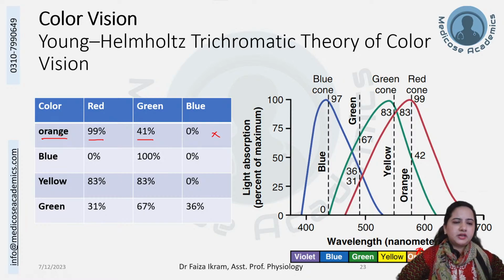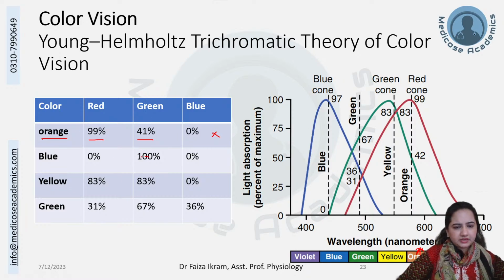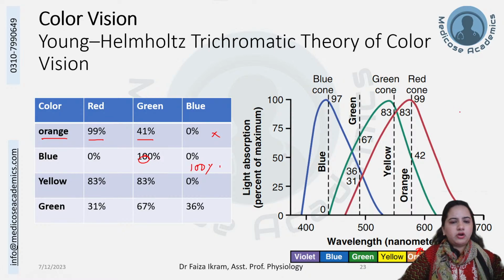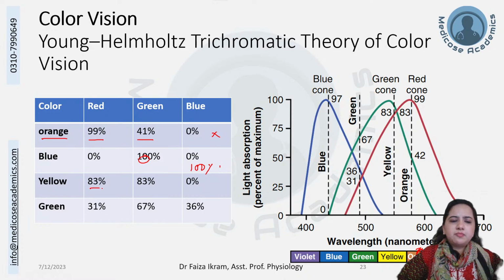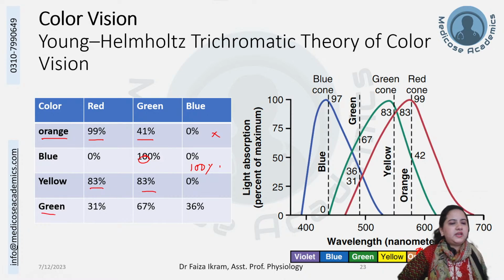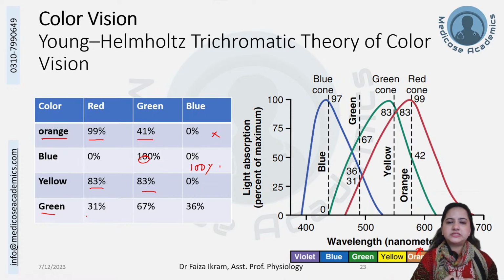To perceive blue color, sorry, this is a typographical error, only the blue cones will be stimulated. There will be no stimulation of green or red cones. For yellow color, again, red and green cones are activated, but in different combination. For green, there is a different combination. So by appropriate combination of stimulation of these three cones, any color will be perceived.